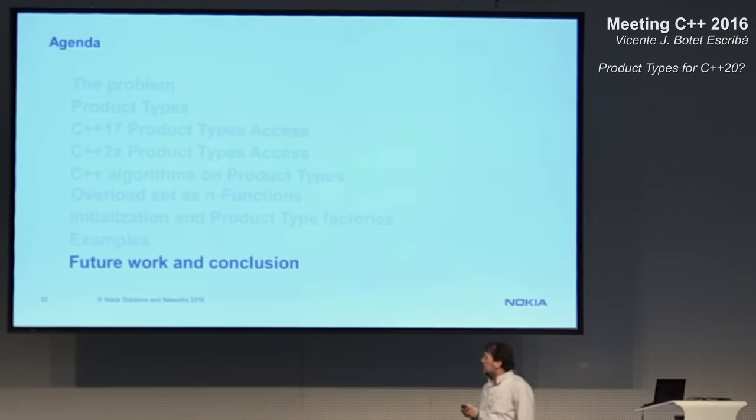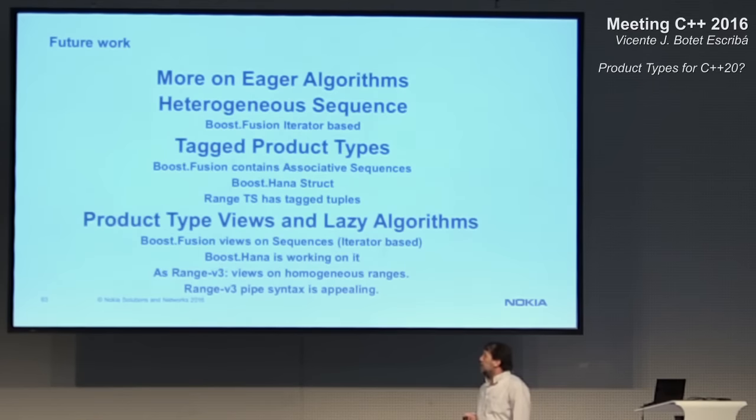Okay. There is a lot of work. Summarizing, we need to have more eager algorithms, heterogeneous sequences. There are prototypes that we want to have tagged with, as a structure has, names for each one of the fields. There is work that is already done with Boost Fusion, Boost Hana, Range-v3 also.